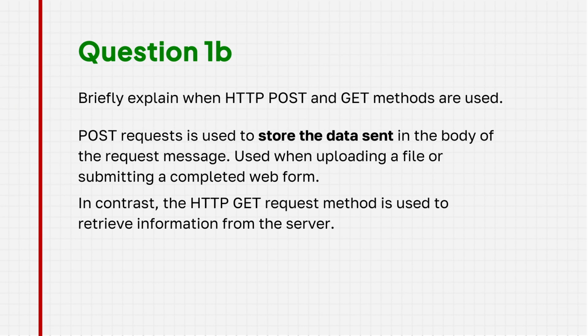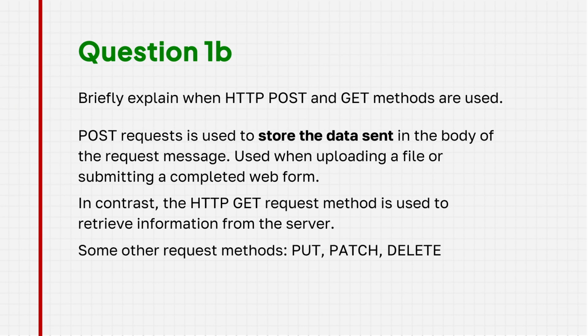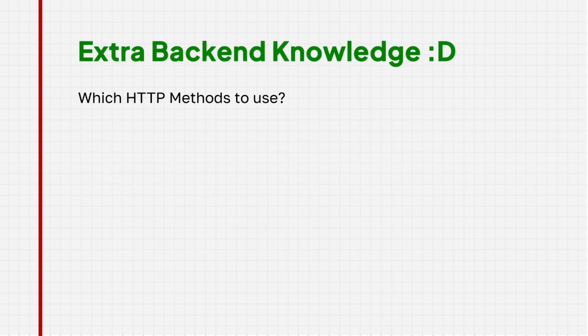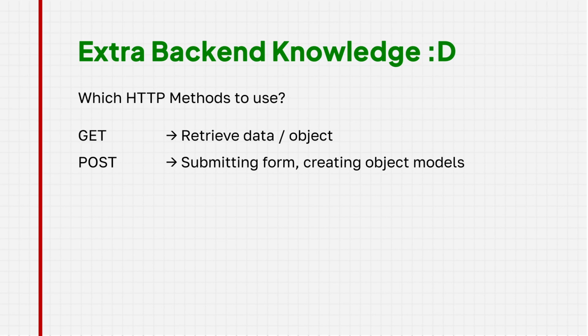Yeah. So there are some other request methods. Put, patch and also delete. How are these going to be used? Some extra information here. Get is to retrieve data or retrieving an object. Post is usually used if we want to submit a form, which, if you learn some backend stuff later on, you will see will actually create a new object inside the database.